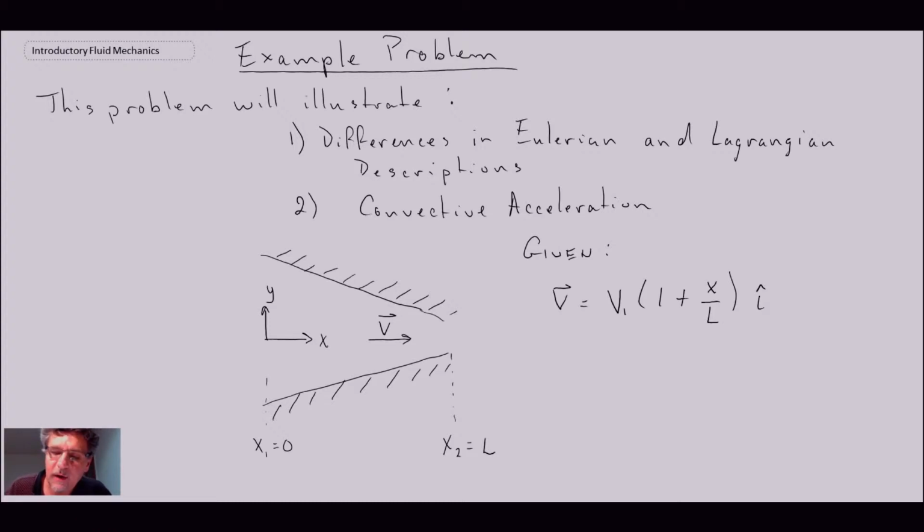We can note a couple of things. This is a steady flow, and the reason we know that is that none of the terms involve time, so the velocity is not changing as a function of time.